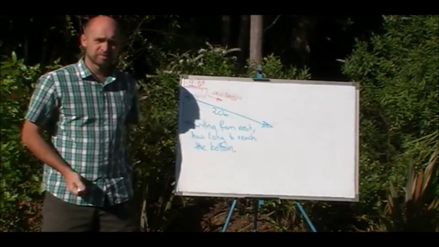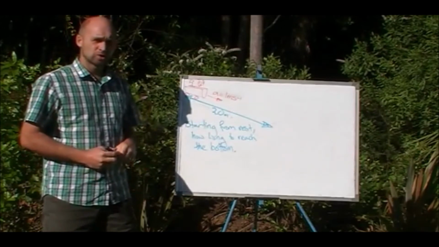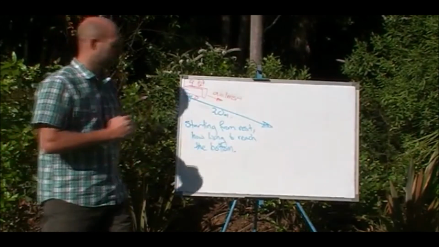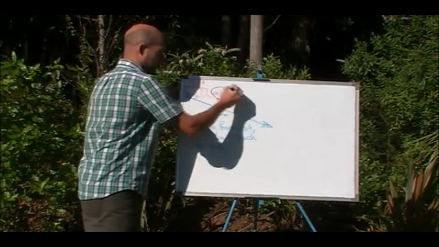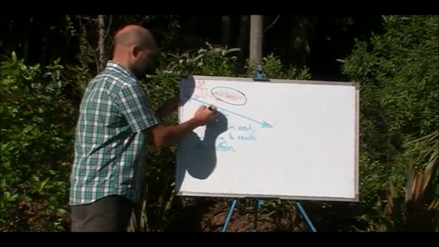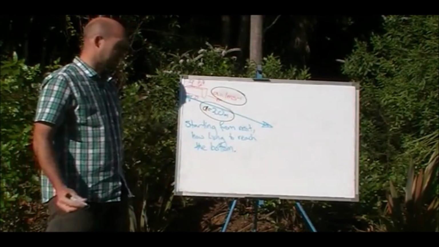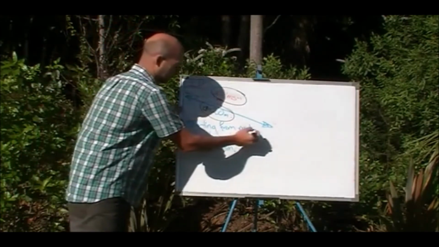Okay, so problem solving technique is we're going to start by identifying what quantities we already know. A is 1 metre per second squared. D is 20 metres. There's a clue in the writing.